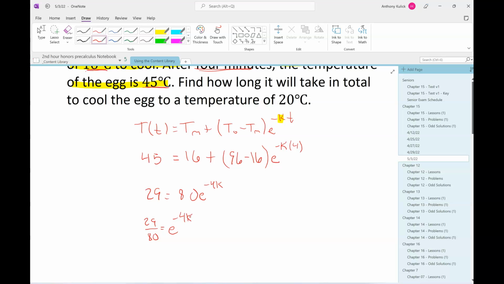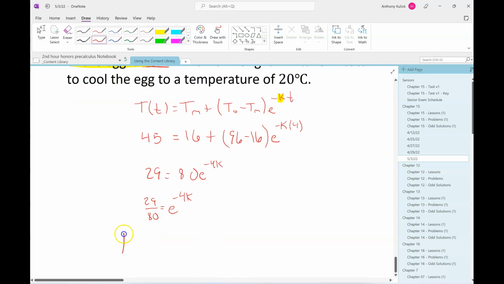Everybody's cool with that? Ln is log base e, and that's our exponent base. Is it okay that I kind of skipped writing all the intermediate steps? These kind of end up being a lot of the same things. So at some point, you're just like, yeah, like that. It happens.